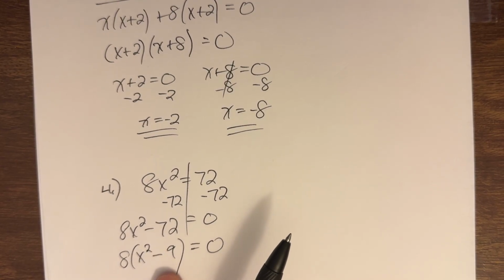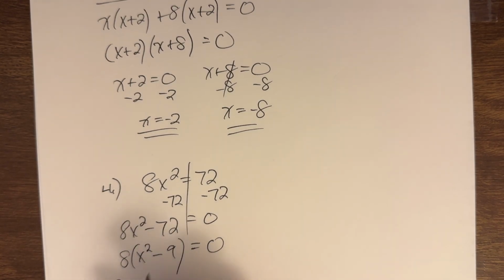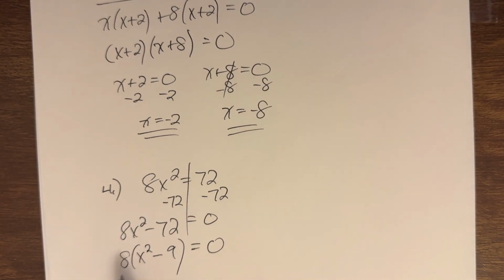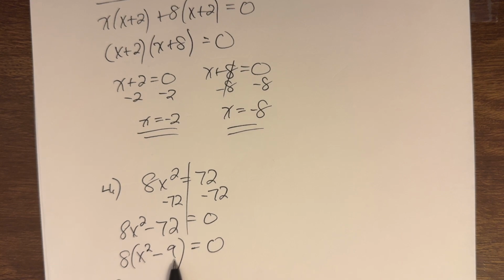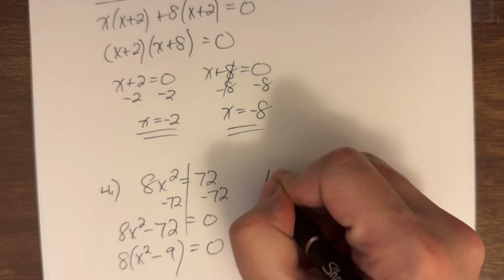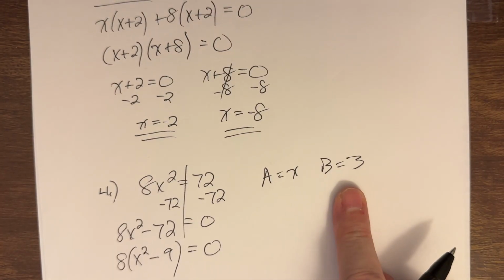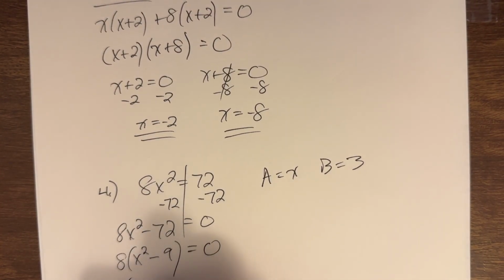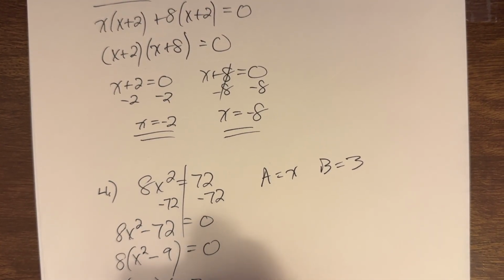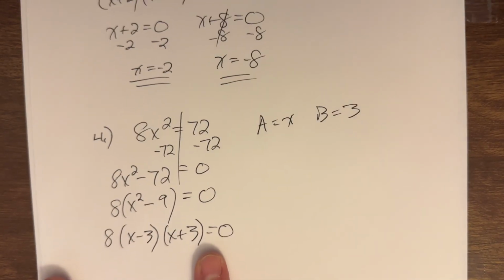And that's where we need to recognize that is the difference of squares. The 8 is still hanging out. This is an a squared minus b squared, where a would be x, b would be 3. So this will factor x minus 3 times x plus 3.